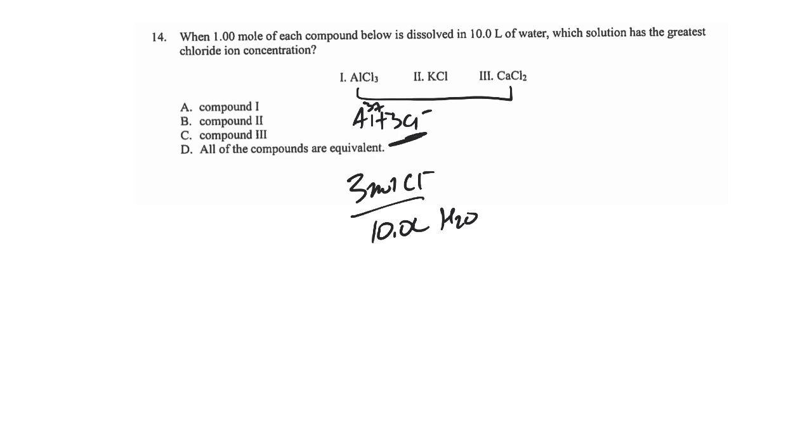The others lead to only 1 mole of chloride, and 2 moles of chloride ion. So we're getting the most chloride ions from AlCl3, and hence the greatest chloride ion concentration. So when we dissolve a mole of each compound in the same quantity of water, we get a greater chloride ion concentration from the compound that releases more chloride ions into the solution.